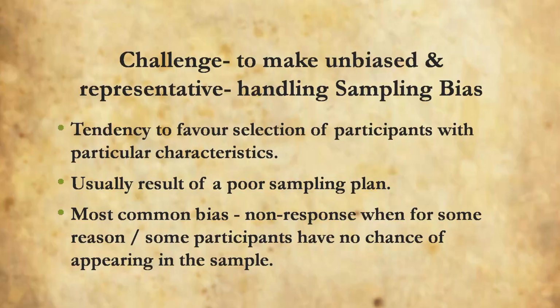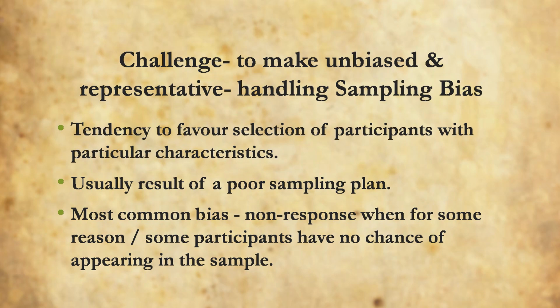The basic need of why we utilize this scientific method of sampling is to overcome a few challenges and to draw inferences or conclusions that will help us to generalize for the whole population. Now, there are challenges in making the sample, that means the representation, unbiased.